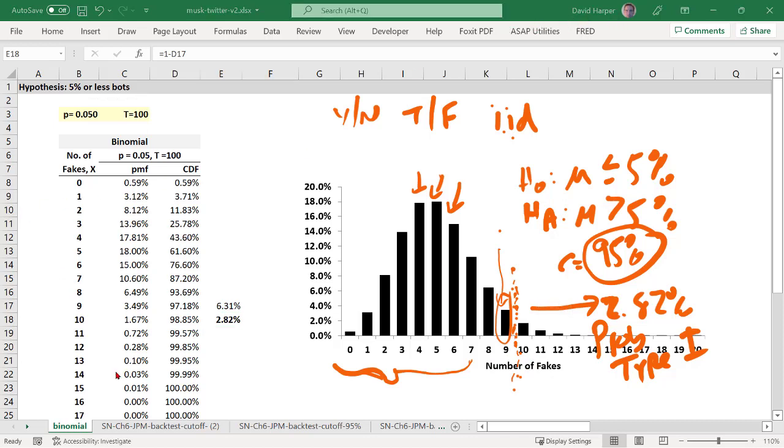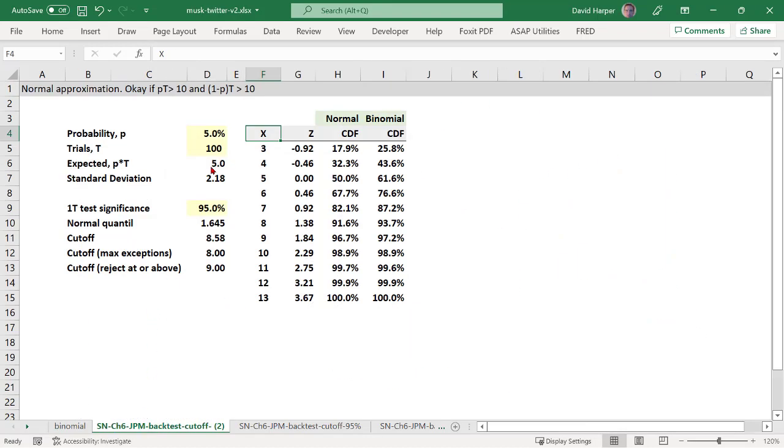One other thing I will show you is the normal approximation. That is to say, the binomial, as the sample size increases, converges on the normal. So if it's a large sample size, it's okay to approximate the binomial with the normal. And here I've repeated my parameters: 5% probability, 100 trials.